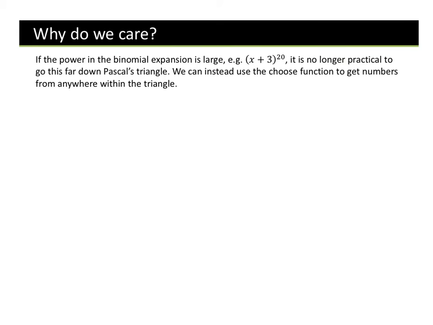Okay, so if the power in the binomial expansion is large, for example, it's to the power of 20, it's no longer practical for you to draw Pascal's triangle, which is why we use the NCR button. Okay? So, we know if we were to write Pascal's triangle in terms of our computer calculation, we're going to have 0 choose 0. Okay, this is the 0 row. Okay, the first row is 1 choose 0 and 1 choose 1.